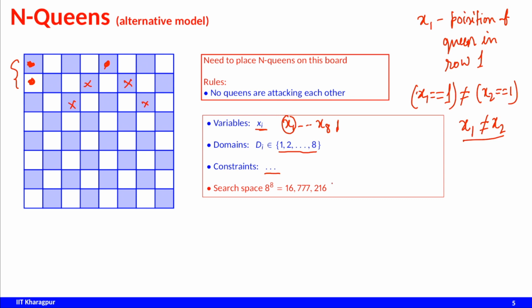Like earlier we have seen that we have a very large space, 2 to the power 64. Now if we model in this way, we reduce the search space to a very significant extent, because we have 8 variables, and each variable can take 8 different values. So the number of possible states is 8 to the power 8.